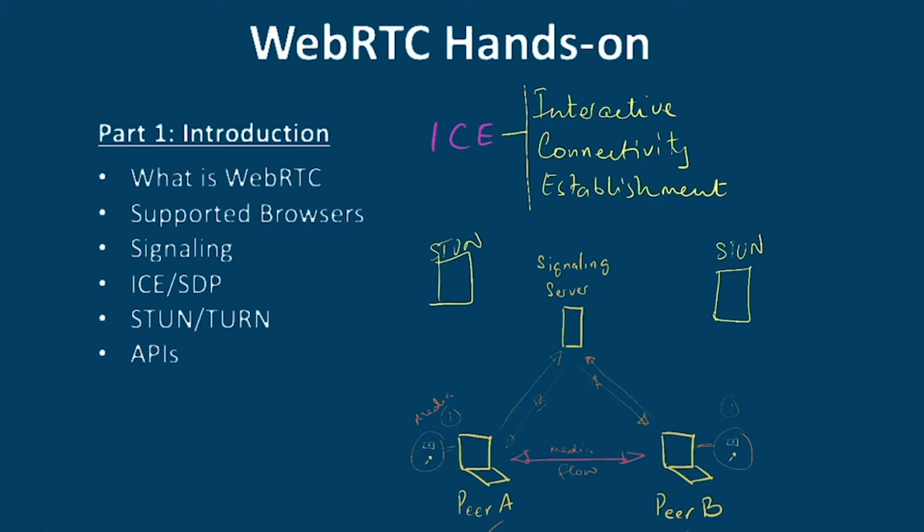Then the underlying WebRTC framework will use these ICE servers to gather candidates for connectivity establishments, and these are the ICE candidates. So now the ICE candidates become part of our relevant information that is sent to the other peer via the signaling server. In our hands-on exercise, we're going to use publicly available STUN and TURN servers.